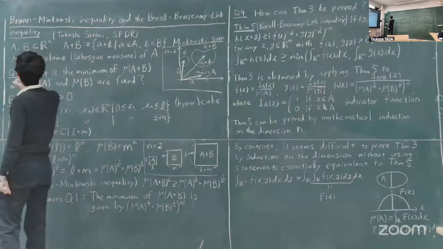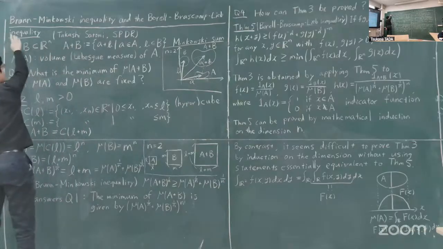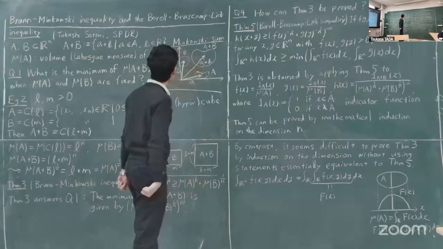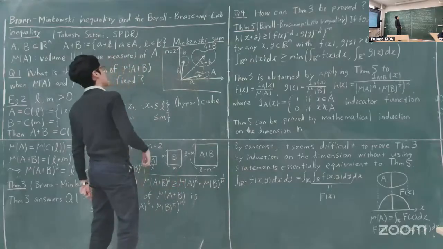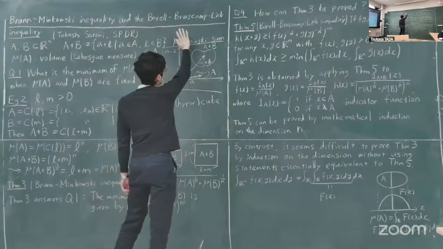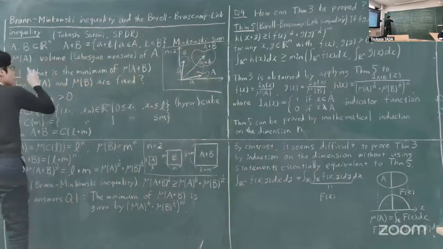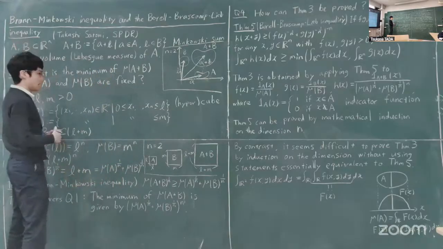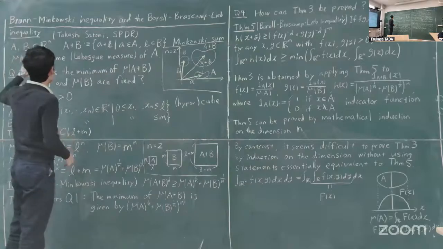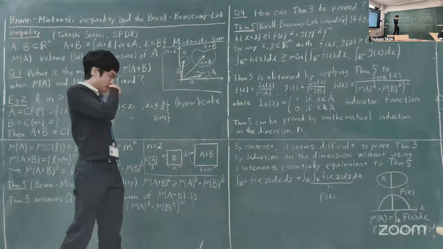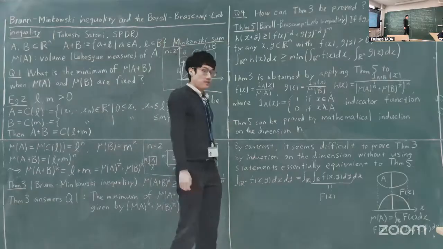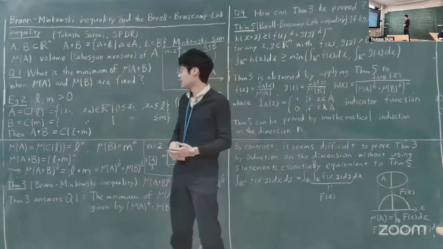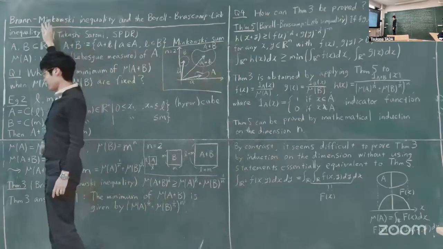We will not discuss further applications of the Brunn-Minkowski inequality, but we will focus on the related inequality known as the Borell-Brascamp-Lieb inequality. This inequality is a kind of functional extension of the Brunn-Minkowski inequality. The Borell-Brascamp-Lieb inequality can be proved by induction on the dimension without using the Brunn-Minkowski inequality.